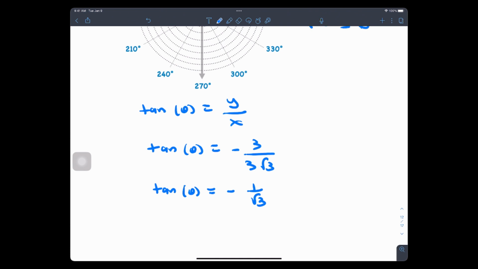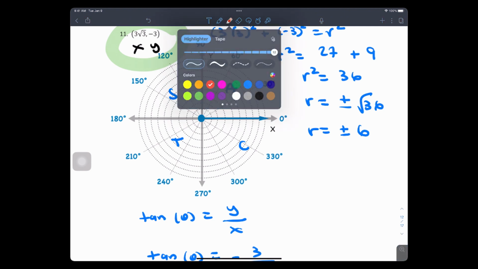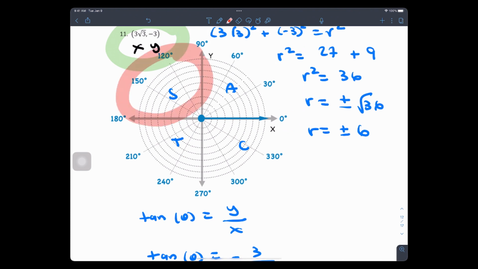We're going to have to piece together this information. Where is tangent negative? All students take calculus. Tangent is negative in quadrant 2 and quadrant 4. Is that right?